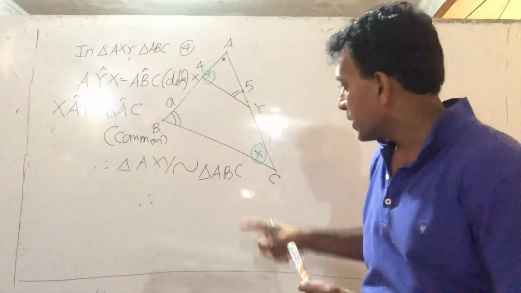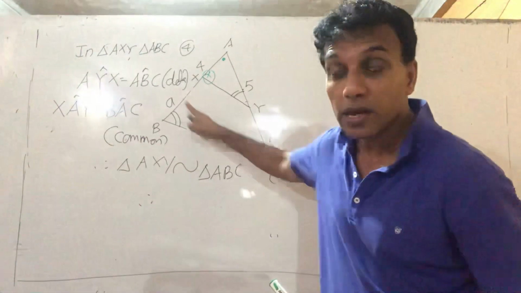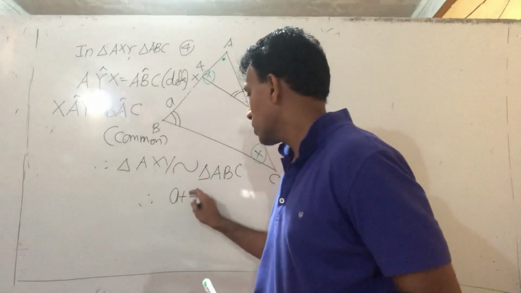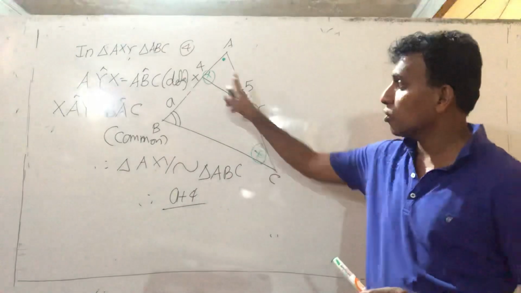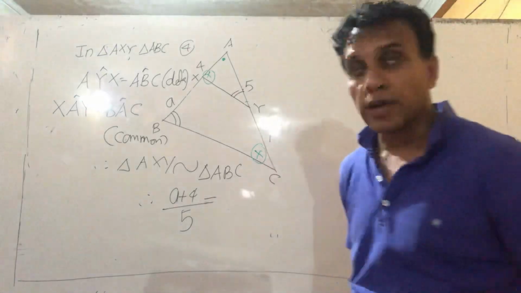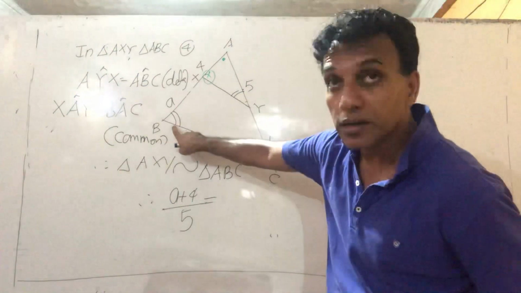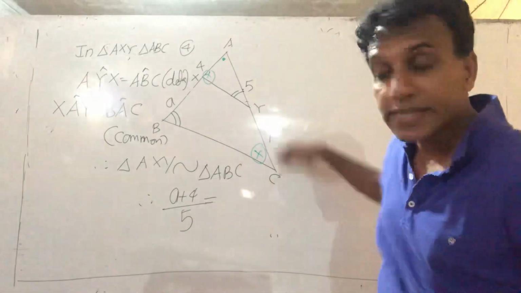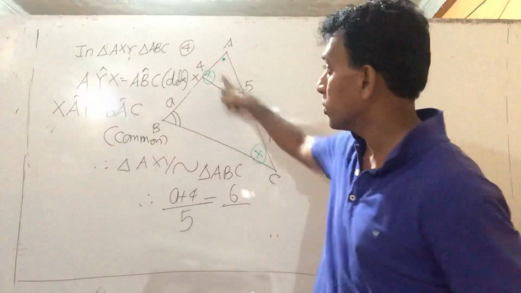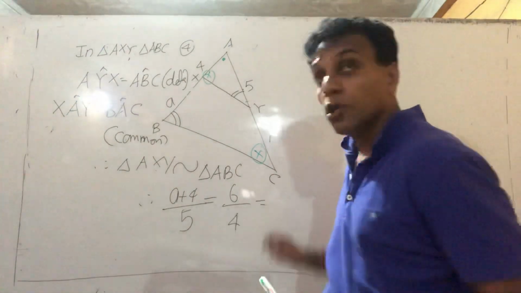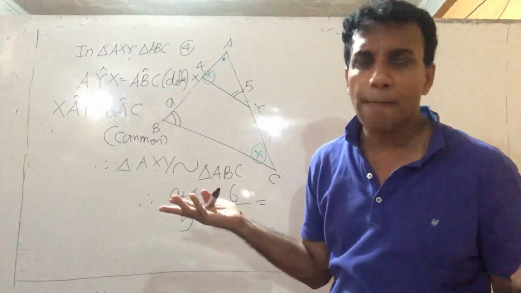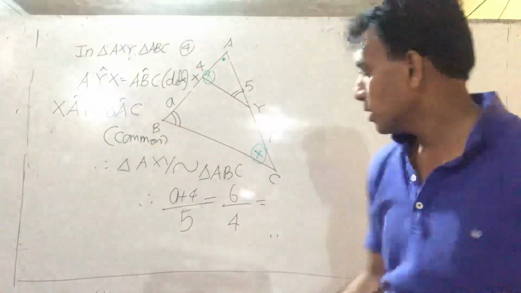Okay. Take this angle on the right side, not A, the large one, A plus 4, over this, equal to this, opposite 5. Next one, take this angle: opposite 6 over this equals this, opposite 4 equals the third one. No unknown is necessary there.